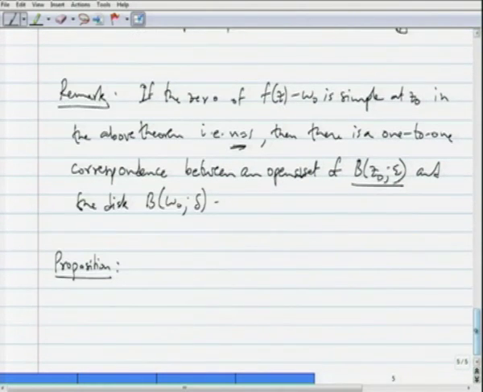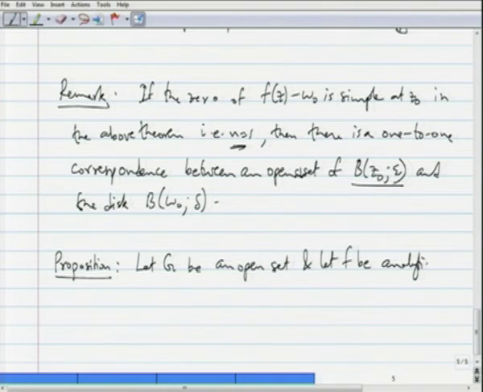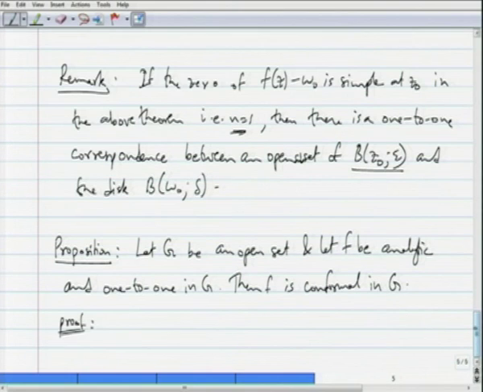Here is a proposition: let G be an open set, and let f be analytic and 1-to-1 in G. Then f is conformal in G. Here is the proof in detail.